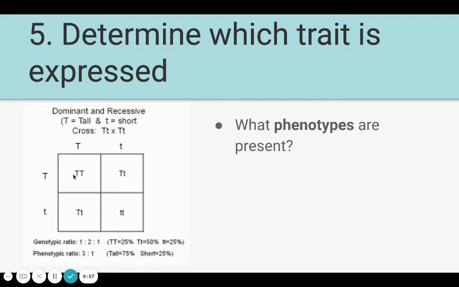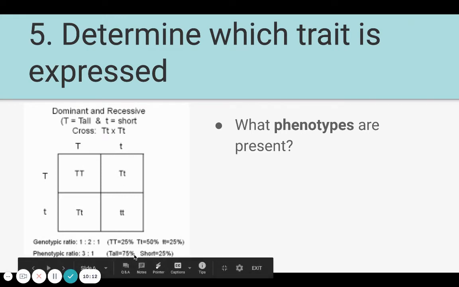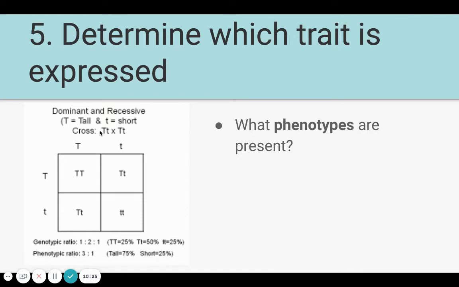So we need to figure out how many offspring have a capital T. We have 1, 2, and 3 right here. So that's where they got 75% tall, 25 plus 25 plus 25. There is a 75% chance when you cross these two parents that the offspring is going to be tall.